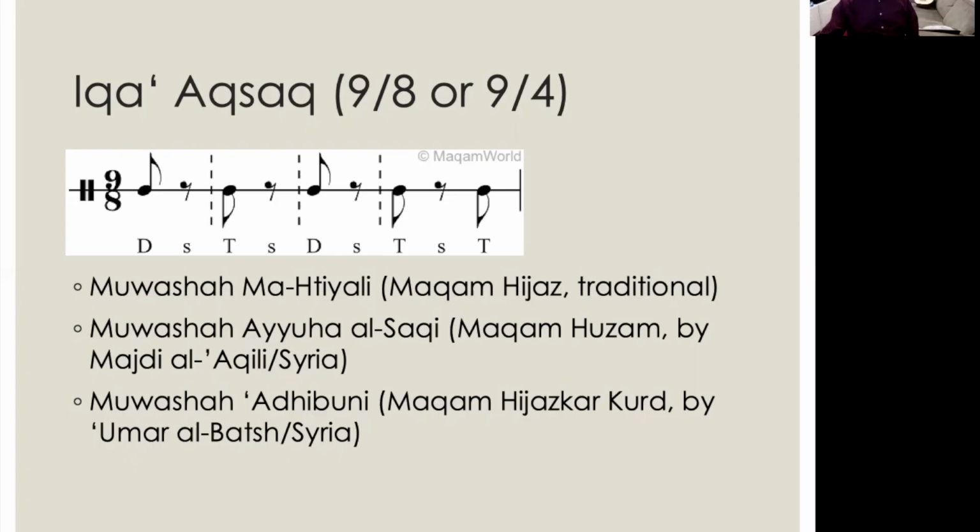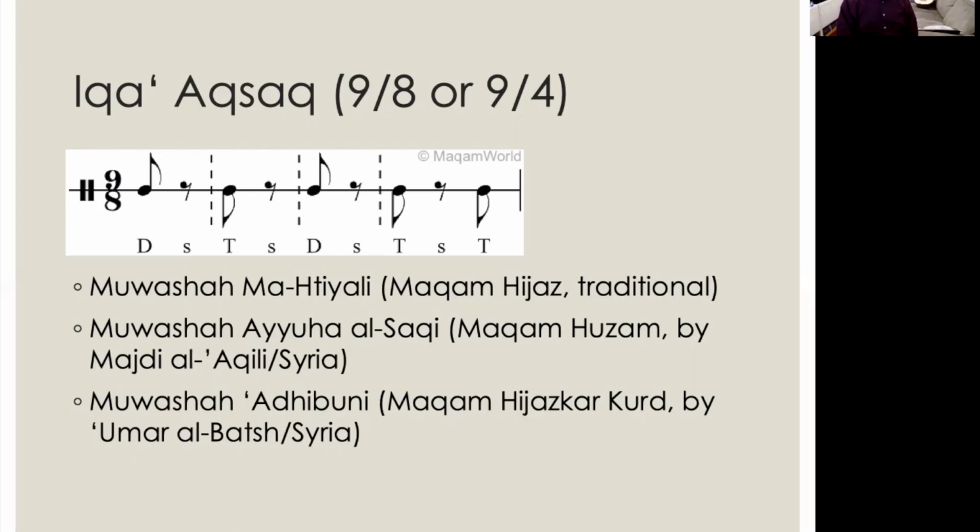Now, is this considered form 2 and the other one form 1, or are the two dums form 1 and the other form 2? It doesn't really matter. We're trying to analyze a practice, and both forms are very widespread in the practice, and not associated with one musician or one muwashah. It depends sometimes on the speed, the style, or the percussionist.